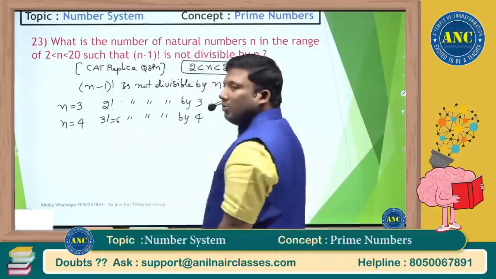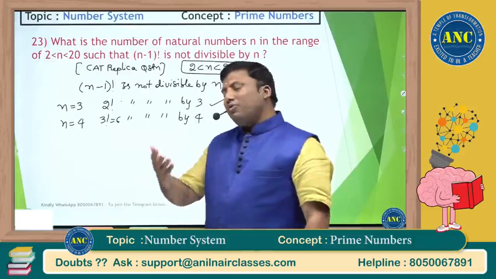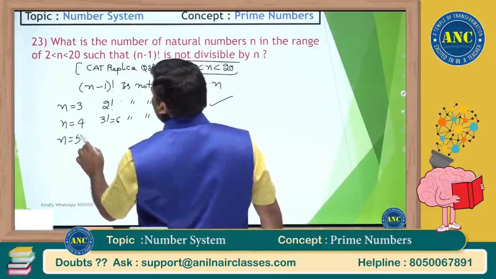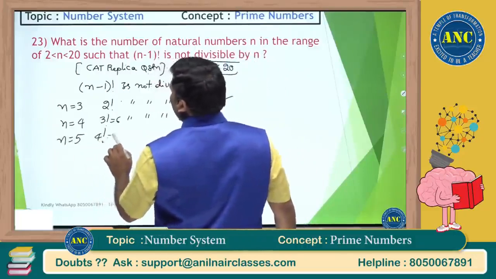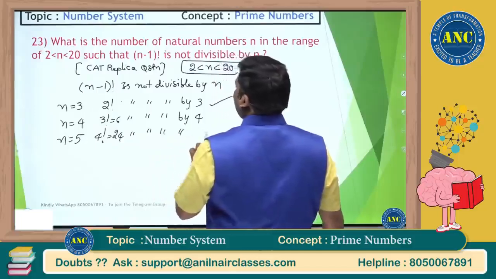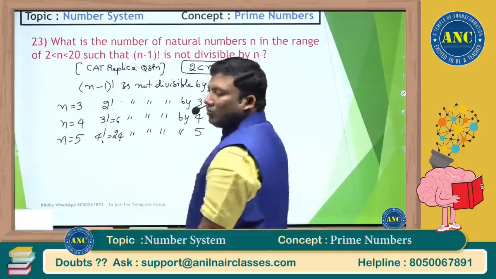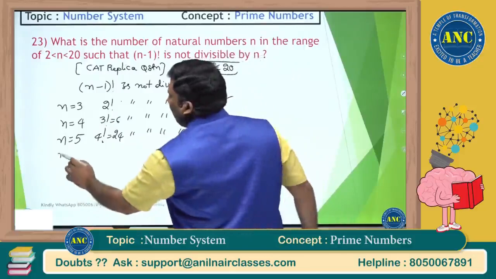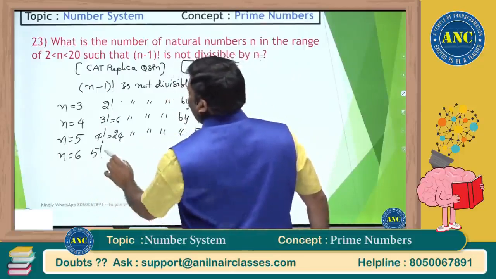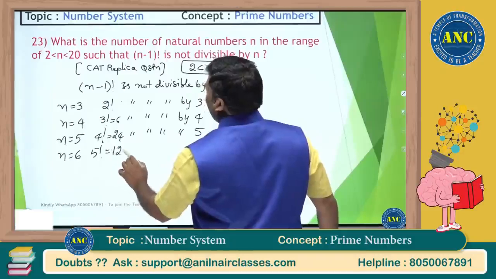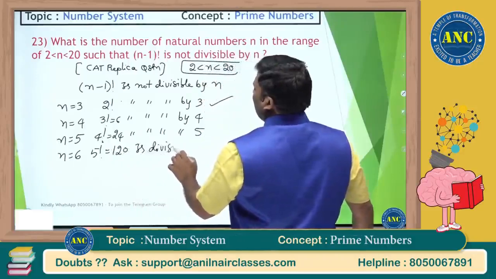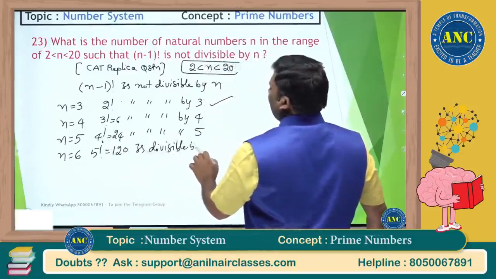N is 5. 4 factorial is 24, which is not divisible by 5. N is 6. 5 factorial is 120. Definitely it is divisible by 6.